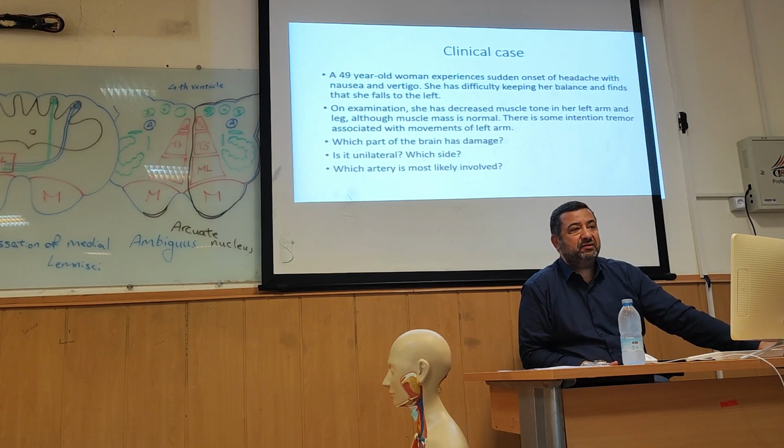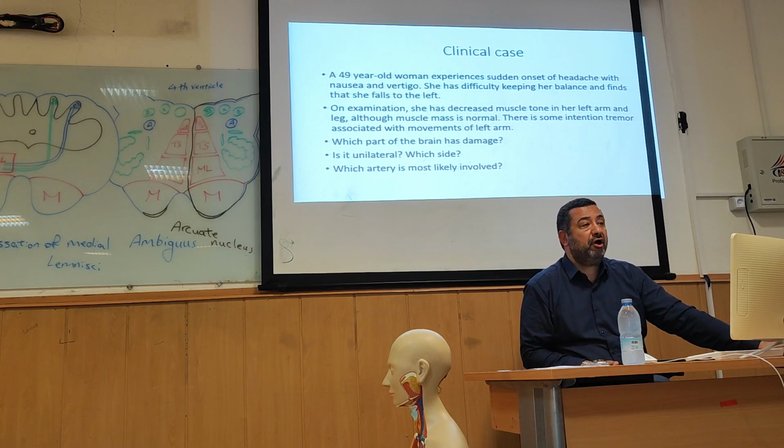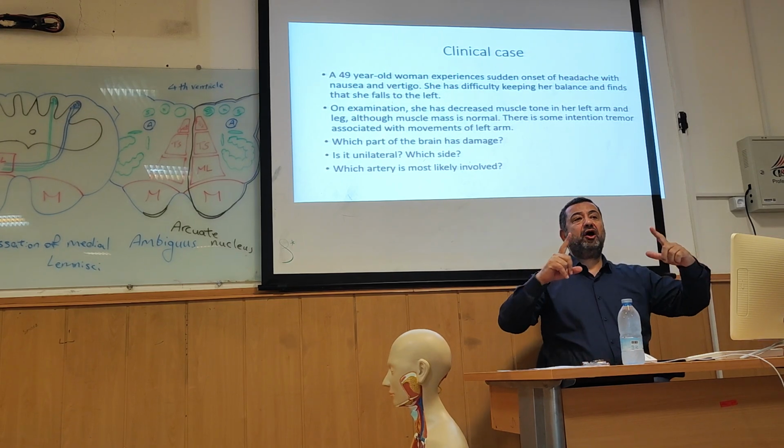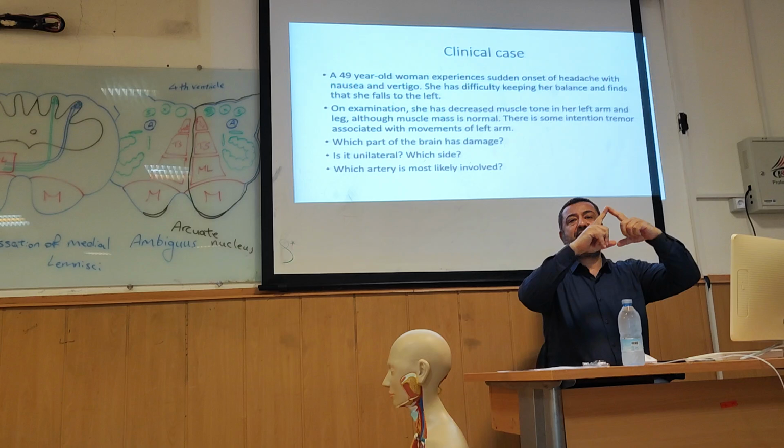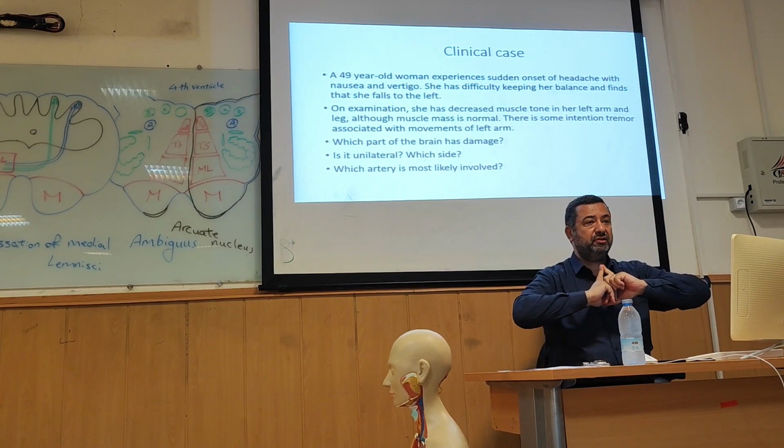Which part of the brain? Medulla oblongata. Yeah. Which artery? Posterior inferior cerebellar artery is a branch of the vertebral artery. Two vertebral arteries attach together and make the basilar artery.